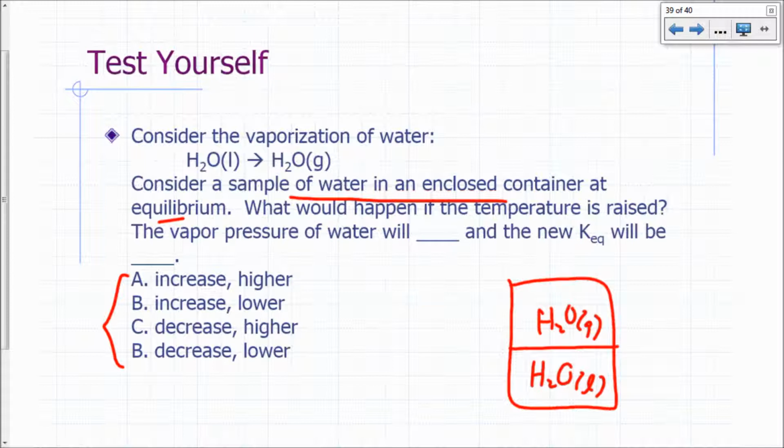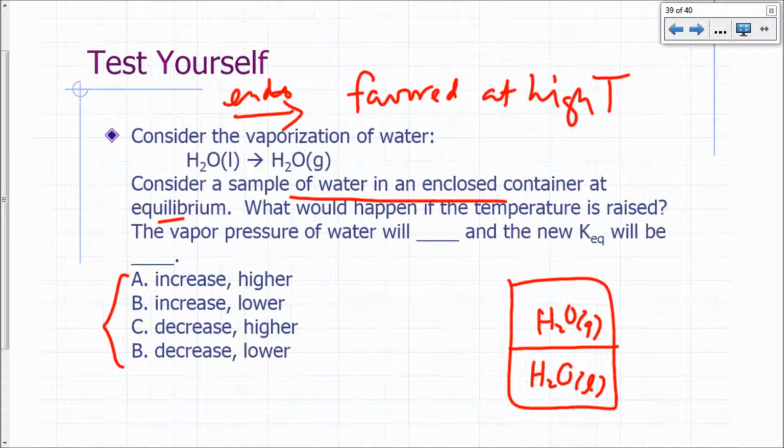Well, let's see. Liquid to gas, that's an endothermic process, right? So that is favored at high temperature, according to Le Chatelier's principle. So you would expect that water vapor, the gaseous side, product side in this balanced equation, will be favored at higher temperature. So the vapor pressure of water will be higher. It will increase. Okay, so it's not this.